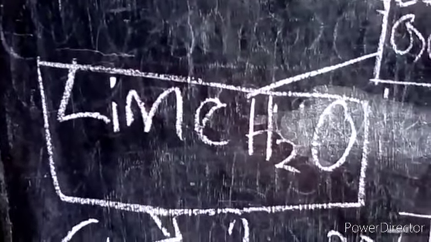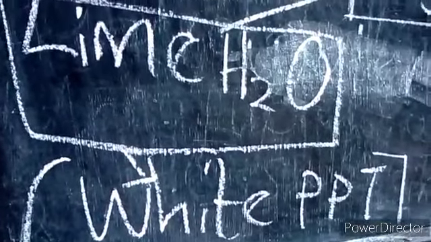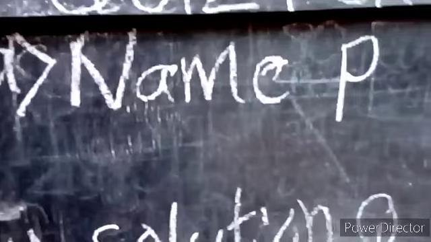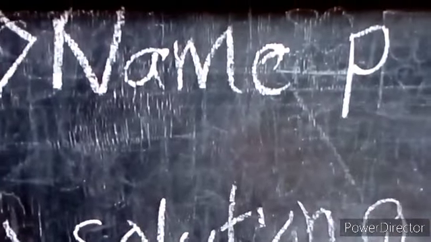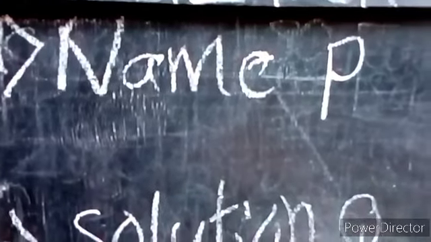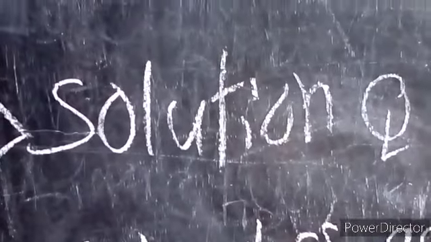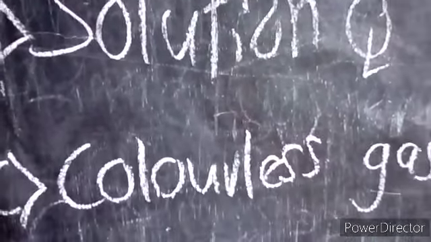After it was passed through lime water, a white precipitate was observed. Now, from the above flow chart, name compound P, name solution Q, then name the colorless gas R.